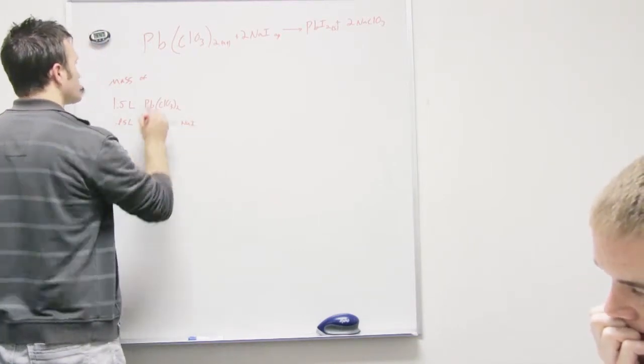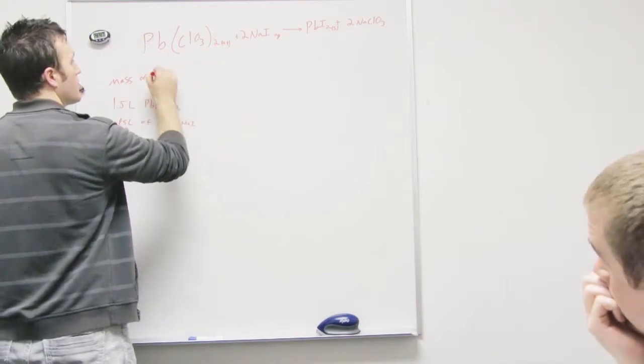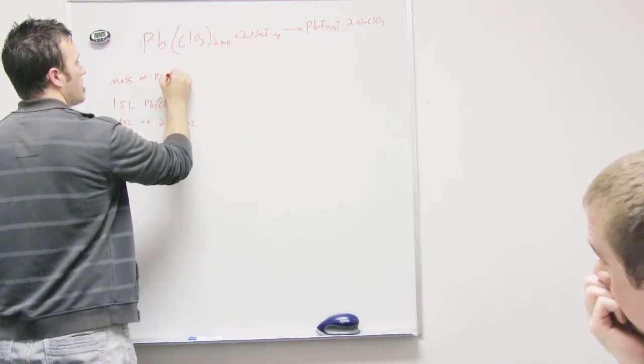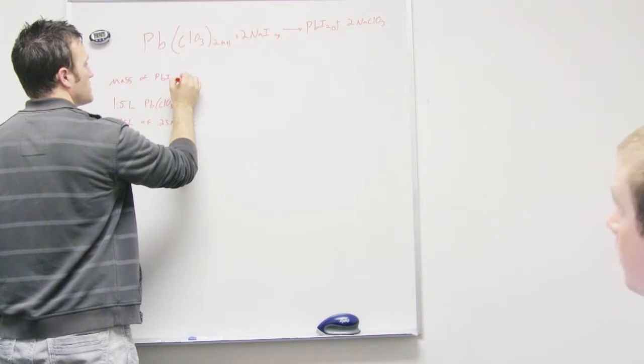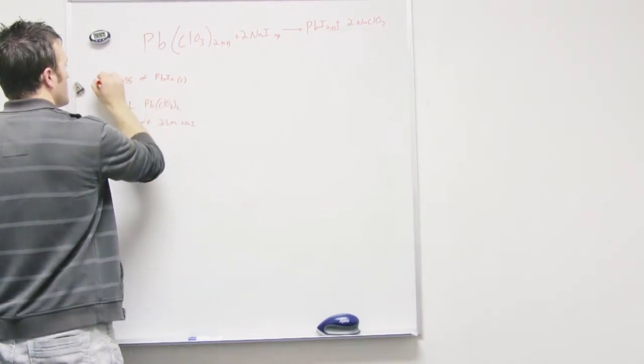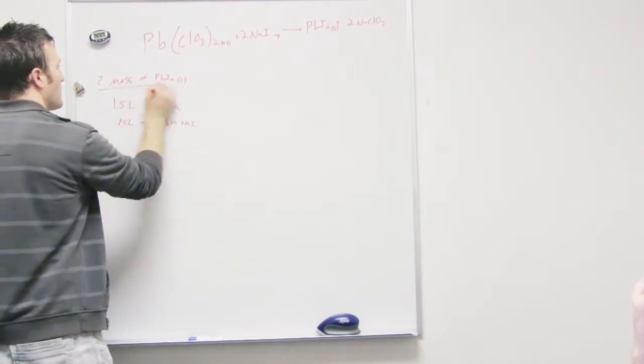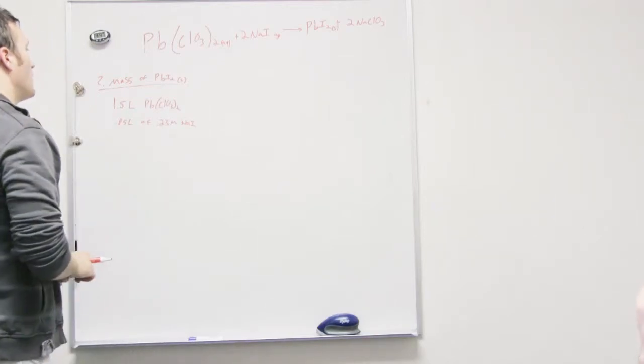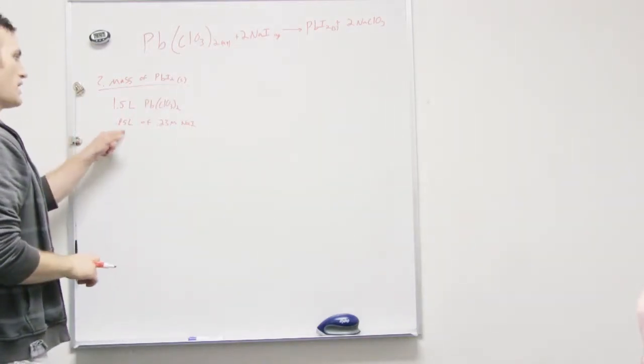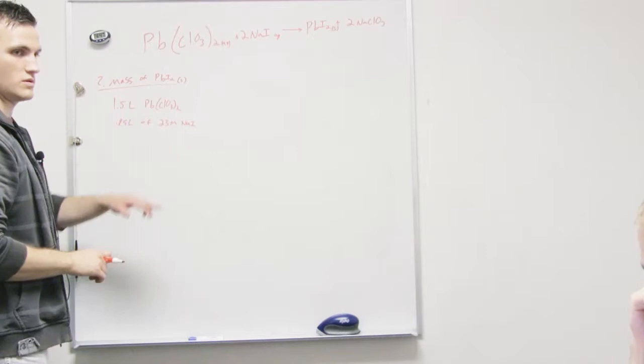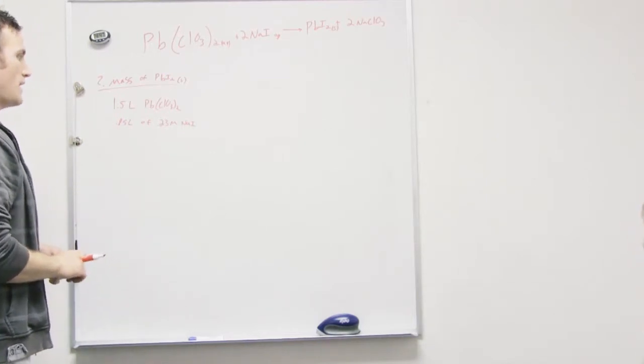And it wants to know the mass of the PbI2, that's the precipitate. So this is what we're looking for. This is what we have.